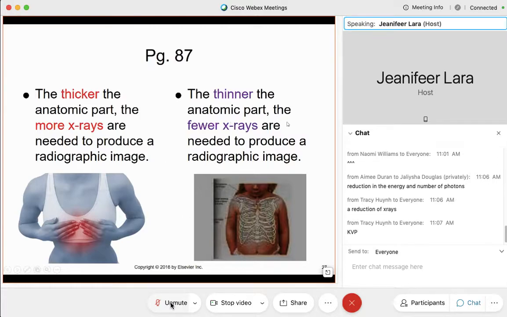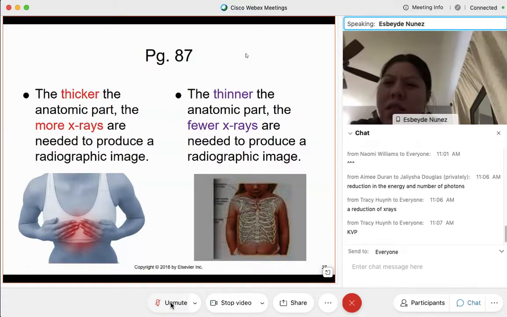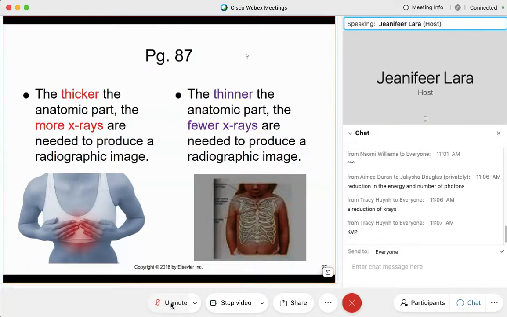So the question here is, how do we measure thickness? Some weight? Not really, because I can see some people that probably weigh a lot less than what they look, or they look like they weigh a lot less than what they really are. So how would we measure centimeters?